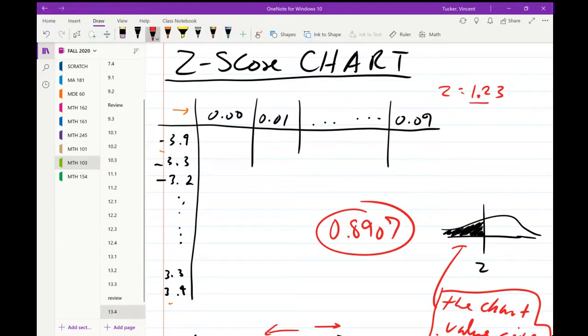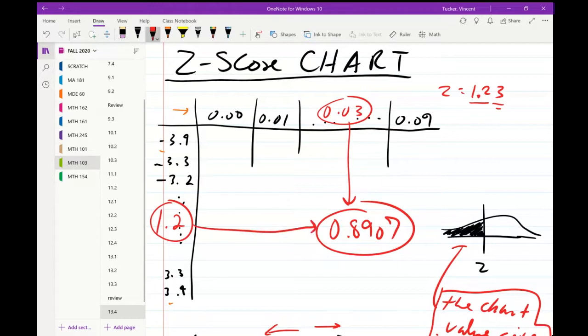On that left column, you look for 1.2, and on the top row, you look for 0.03. And where they meet will be the value that you get from the chart.